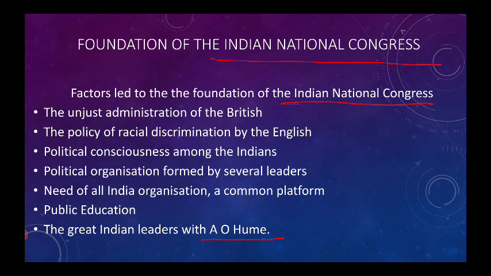The unjust administration of the British in India and the policy of racial discrimination followed by the Britishers led to discontentment among the Indians against British rule. They also created political consciousness among the Indians and strengthened the spirit of patriotism and nationalism.